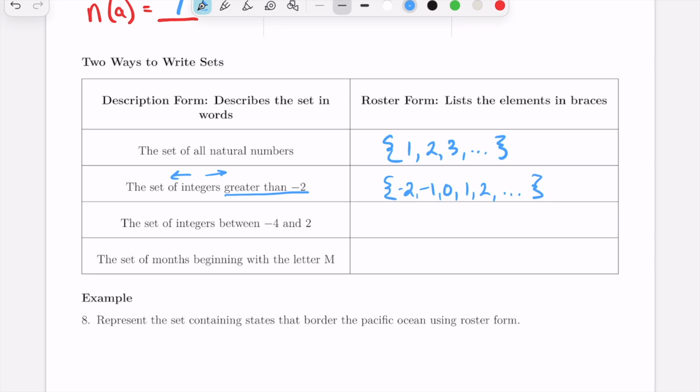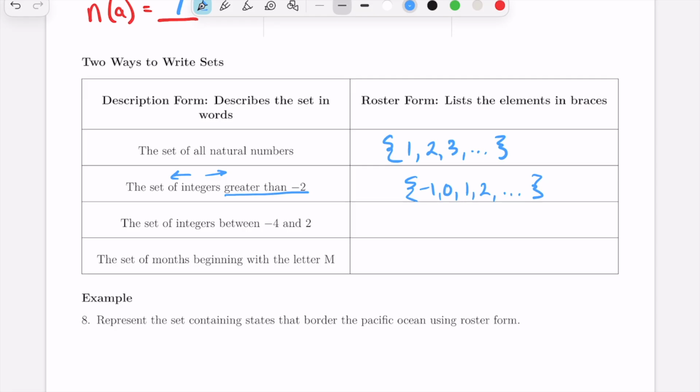This would be the set of integers that are greater than -2, except I made a mistake. So because I want greater than -2, I wouldn't actually include -2. I know I could edit that out, but I don't want to, because look, I make mistakes. And that was one of them. We caught it. So greater than -2 means we don't start at -2. We actually want the next number bigger than that.